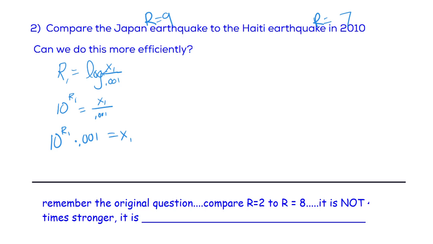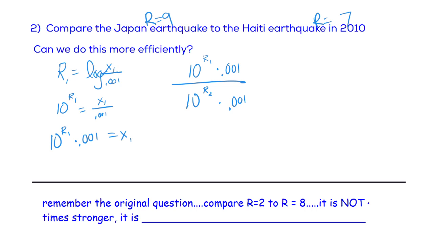And then I did the same thing with the other one. And then I put the stronger one on top of the weaker one. Okay, so let's pretend this first one I just did is the stronger one. So here's what I would have had. I would have had 10 to the R1 times 0.001, and I would have put it over the other one that was weaker. Now let's do some simplifying here.